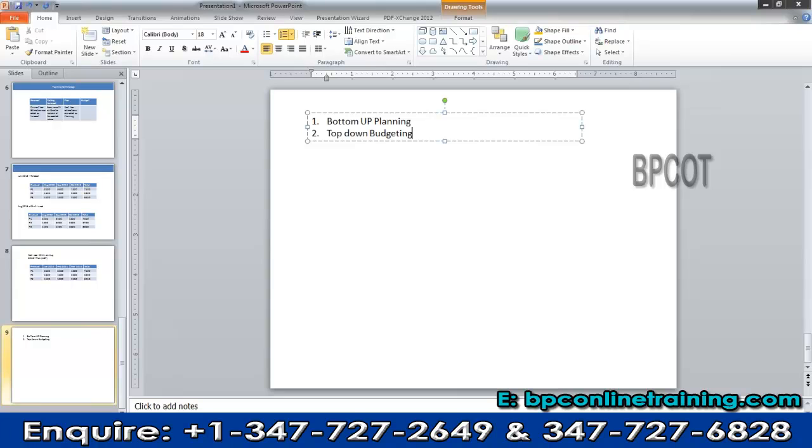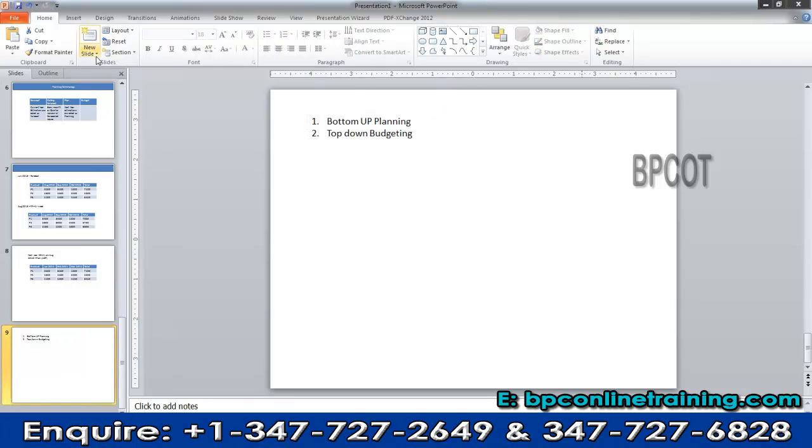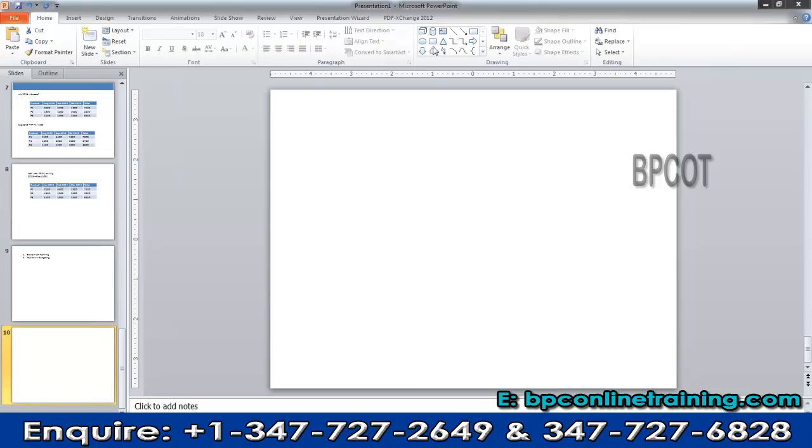If you understand bottom-up planning and top-down budgeting, automatically you will understand what is budget and what is the difference between plan and budget. So let's take one good example. First we will discuss bottom-up planning.